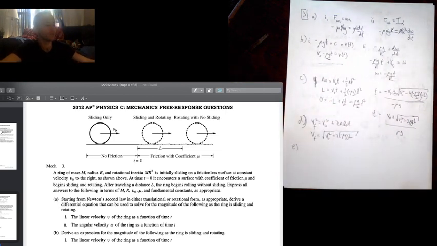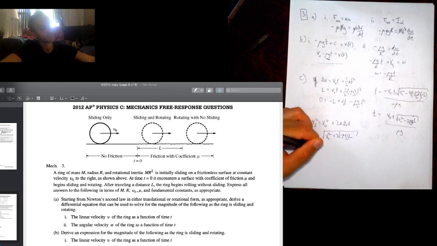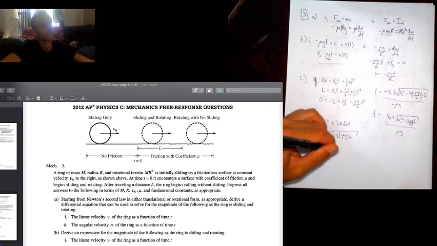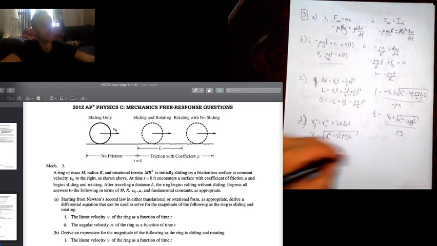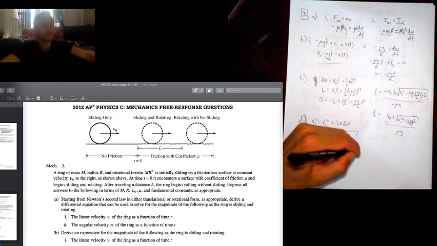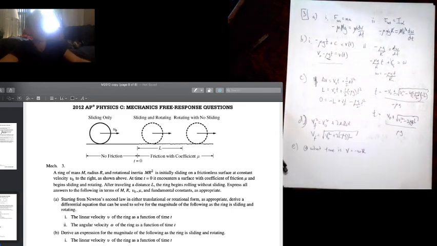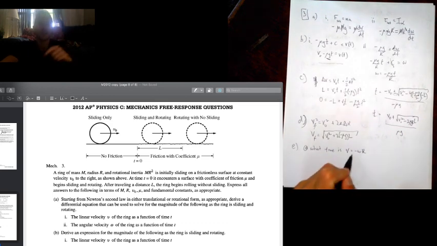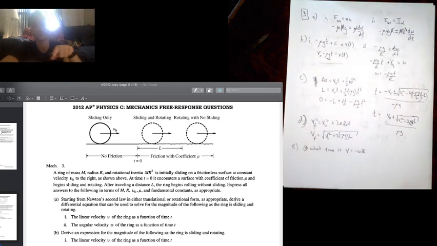So what we want to do is we want to see at what time is V equal to minus omega r. Okay, now I put an extra minus sign in here because a clockwise rotation corresponds to a positive translation.